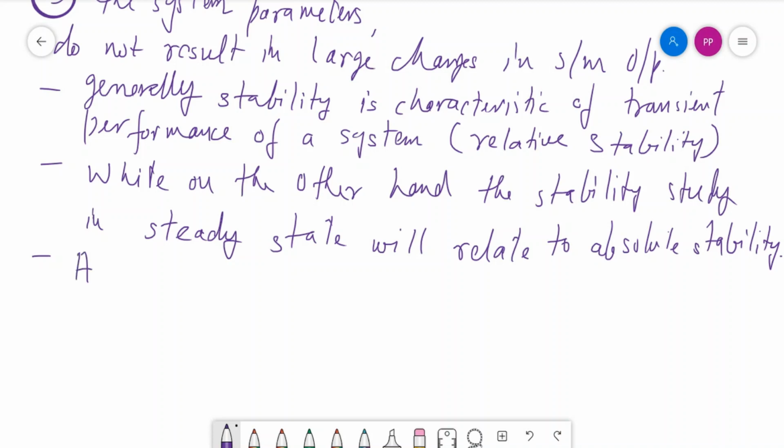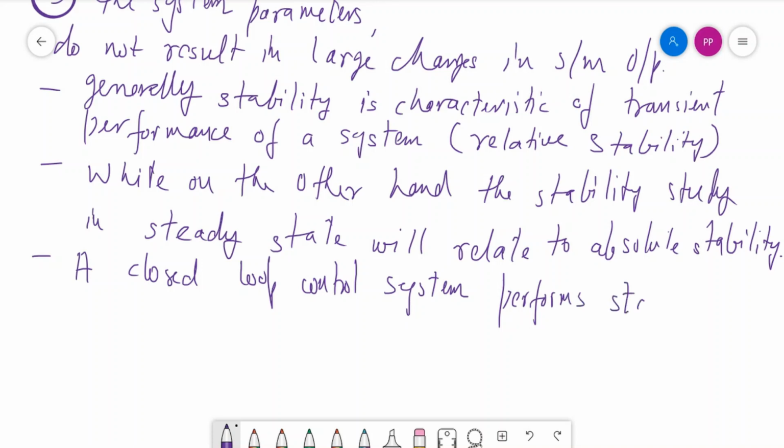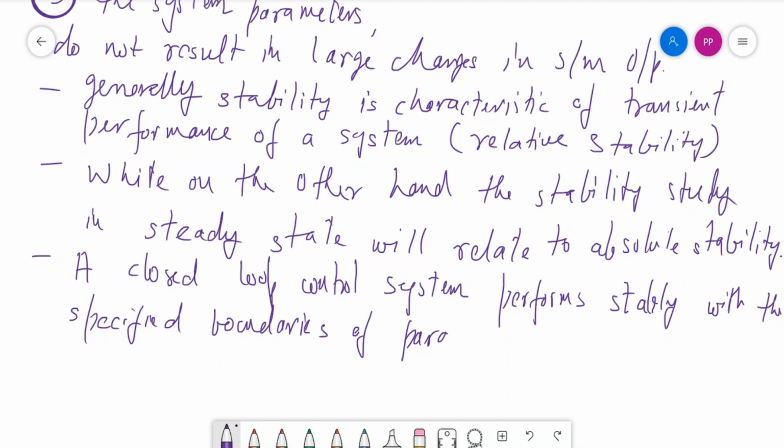So let me write this as statement: a closed loop control system performs stably with the specified boundaries of parameter variation.